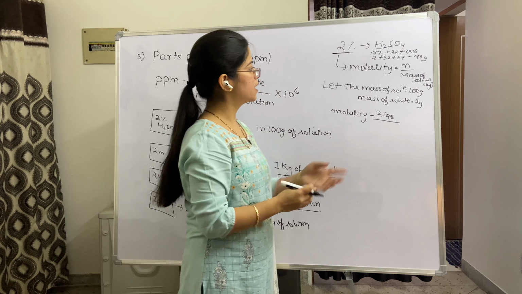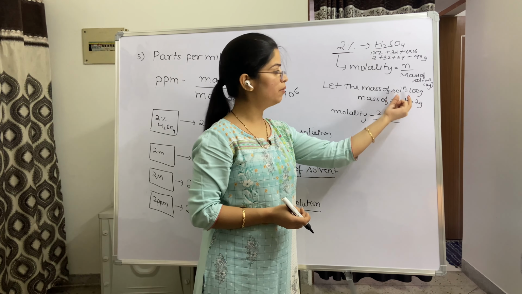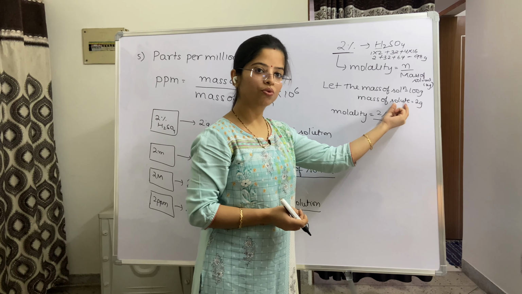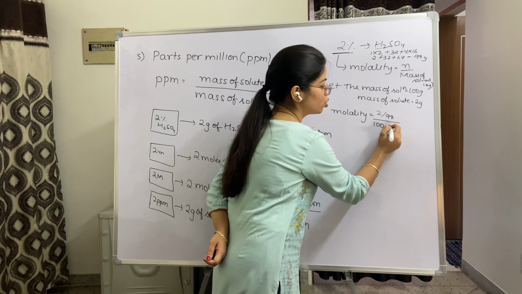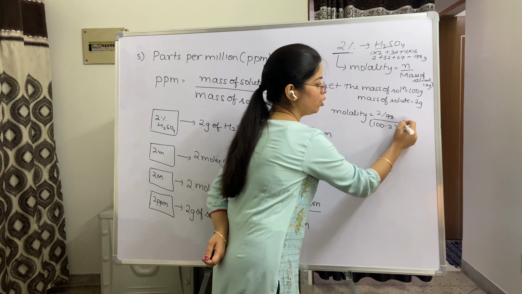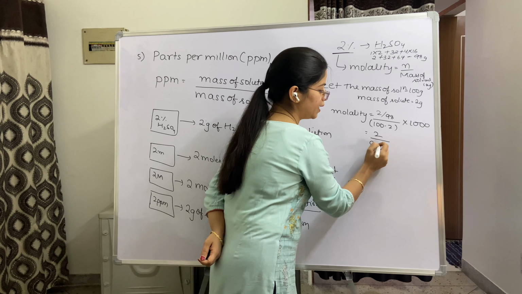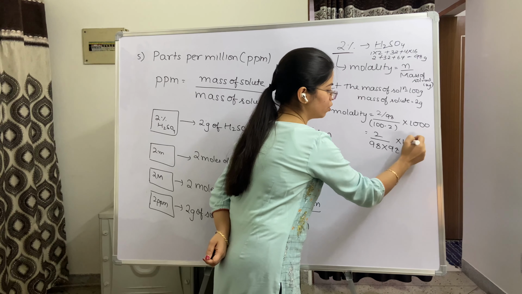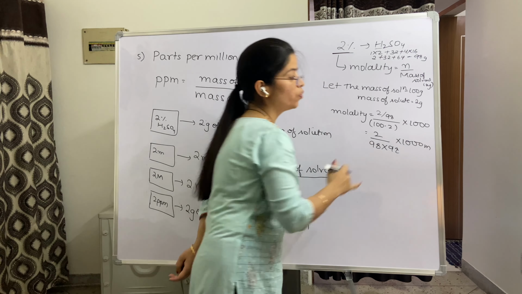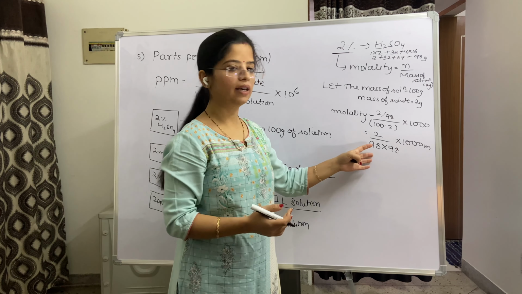In this case, as the mass of solution is 100 gram, mass of solute is 2 gram. So the mass of solvent will be 100 minus 2, divided by 1000. So it is 2 by 98 into 1000, divided by 98. This will be the concentration in terms of molality.